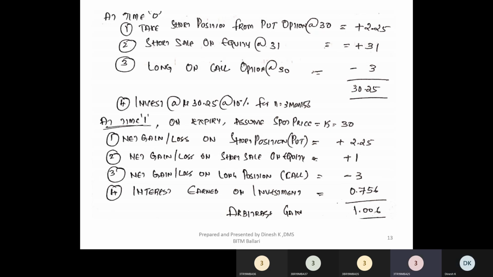Decrease the price. Yes, any other answer? What change in the price will make you a loss? Increase in price, sir. Increase in the price, not decrease in the price. If the price decreases, you will make a gain.